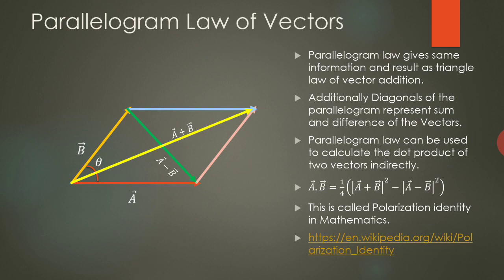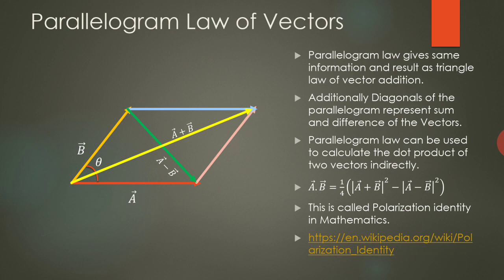This parallelogram law gives us the same result as the triangle law of vector addition. Instead of translating the vector, we are drawing a line parallel to the B vector and a line parallel to the A vector as well.